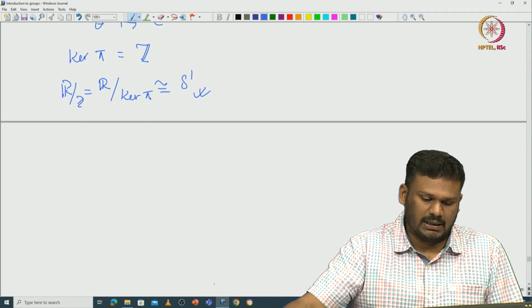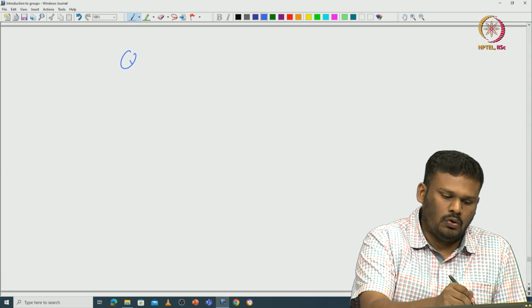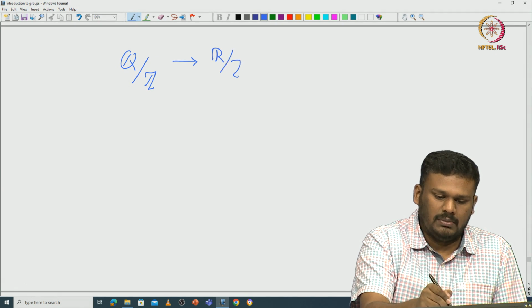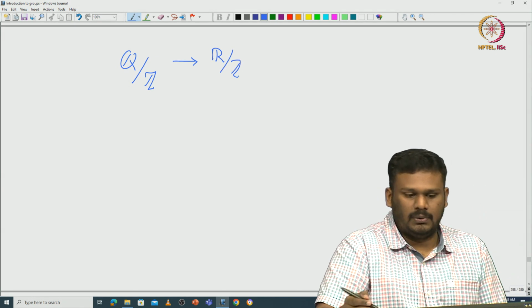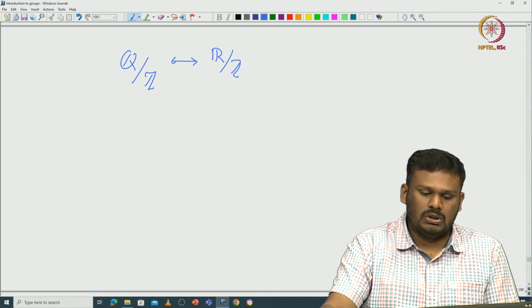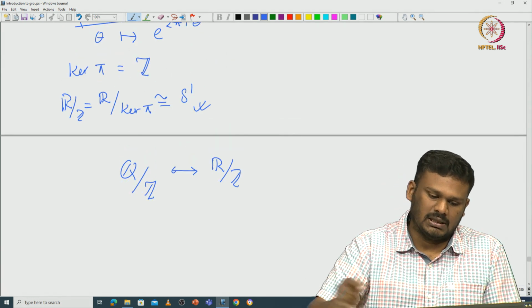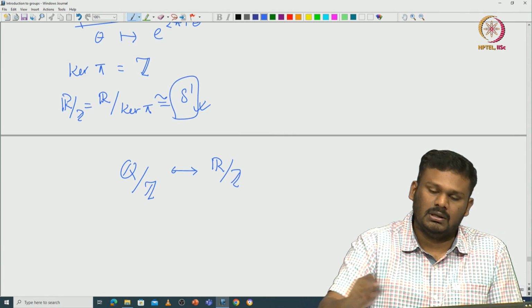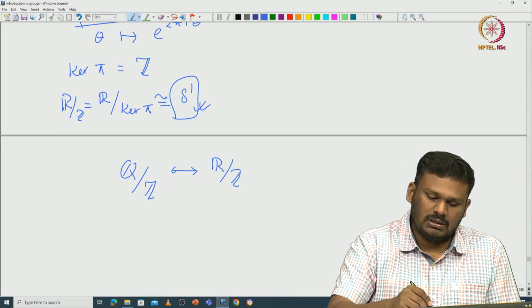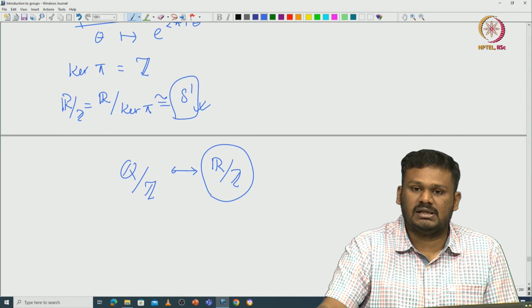So here is the interesting thing. You have this Q mod Z. Okay, this is actually sitting inside R modulo Z, because Q modulo Z is a subgroup. So this is going to sit naturally inside R modulo Z. So under this isomorphism you can ask where that will be mapped. We have already seen that elements of Q modulo Z all have finite orders. Okay. So what will be finite order elements in S1?